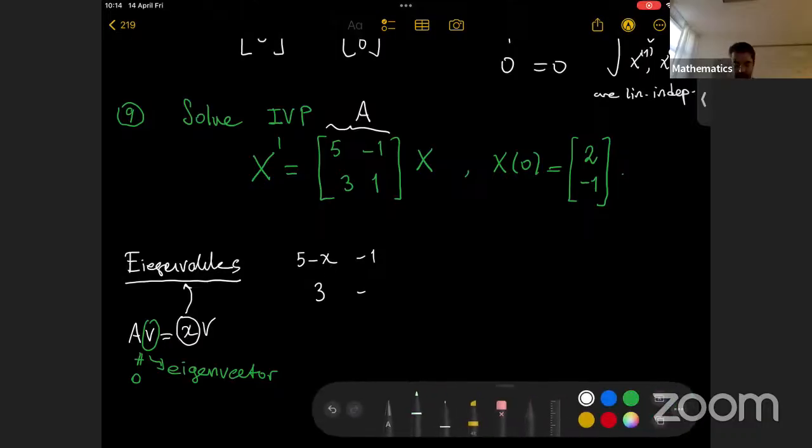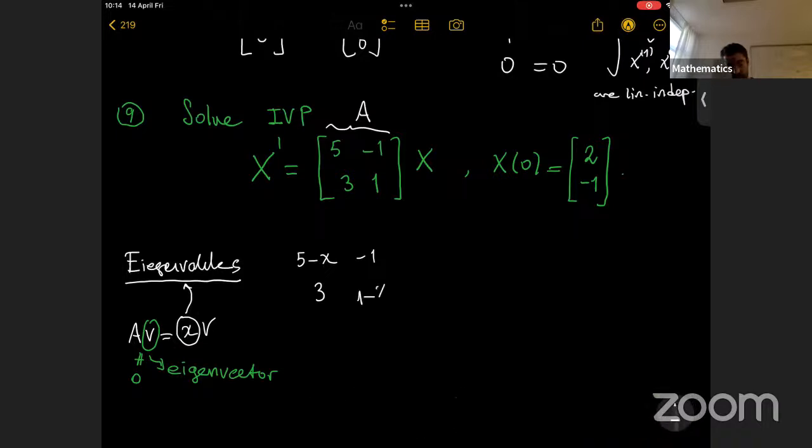To find the eigenvalue, we look at this determinant, right? And it becomes (lambda minus 5) times (lambda minus 1) plus 3.